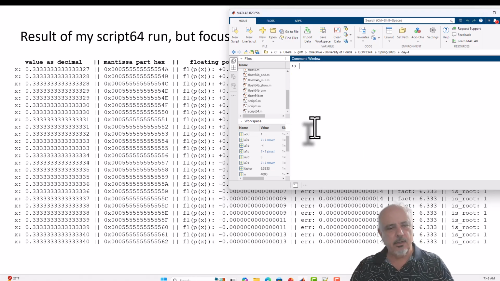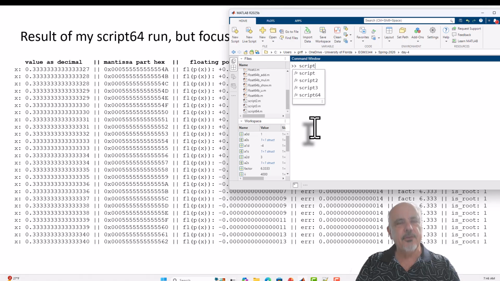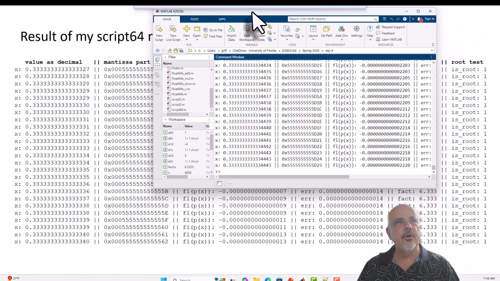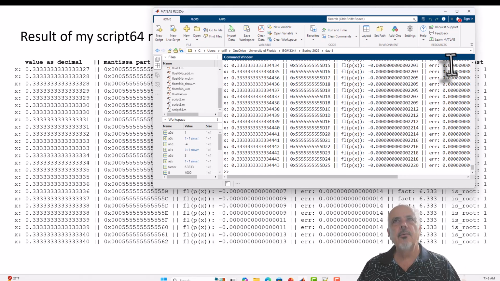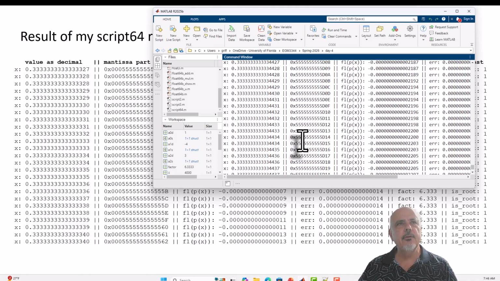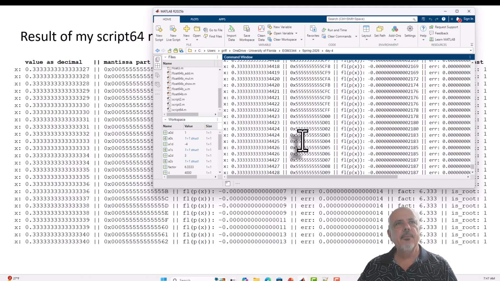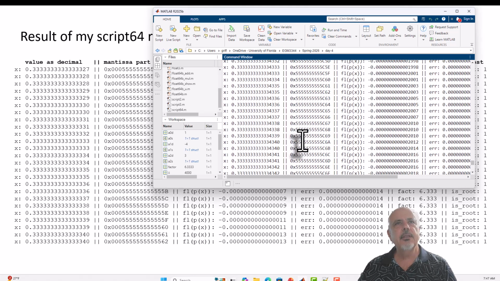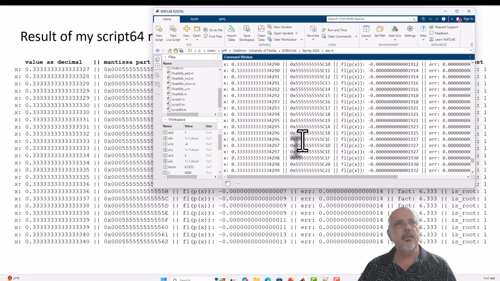Okay, with debug off, let me rerun script 64. It's going to look around the area of 1/3, and it ran a bunch, I think about 4,000 different x values near 1/3.